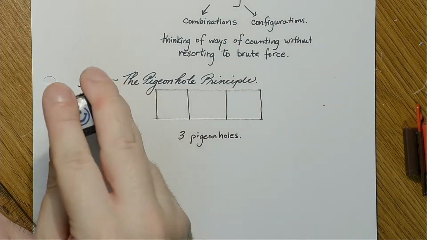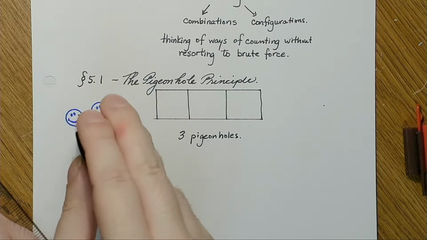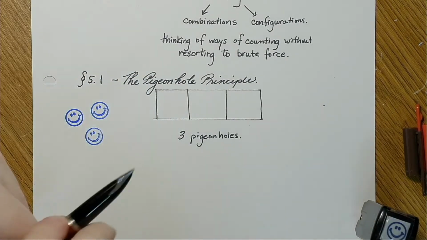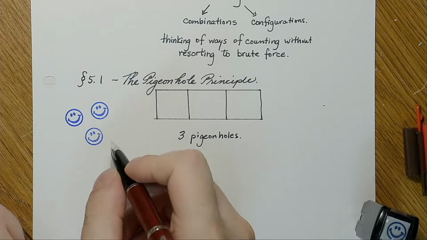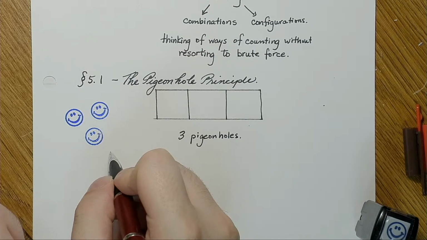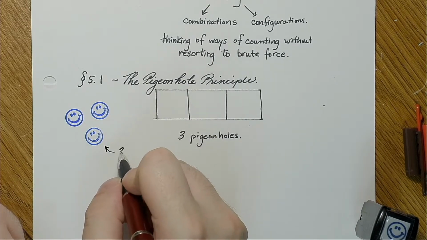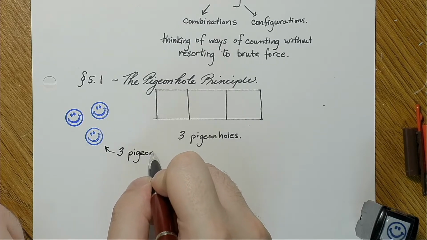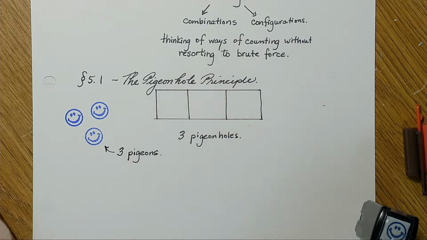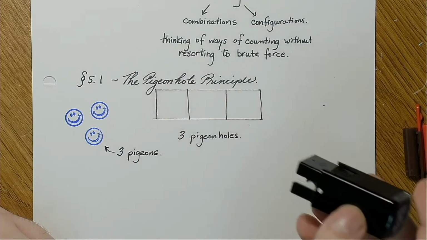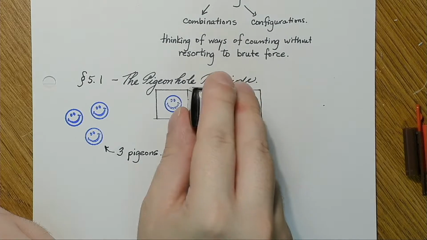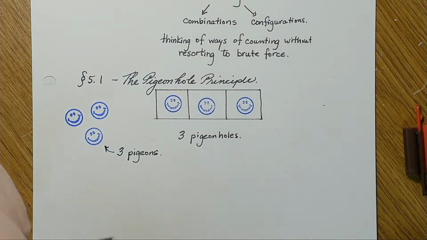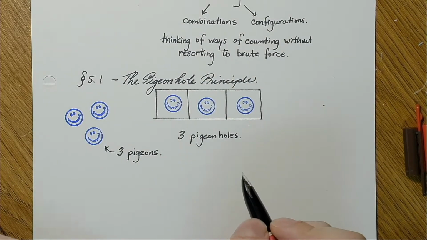I don't have a pigeon stamp, but let's say I have 3 pigeons. What I can do is put 1 in each box. 1, 2, and 3. So 3 pigeons, 3 pigeonholes, that's easy enough.